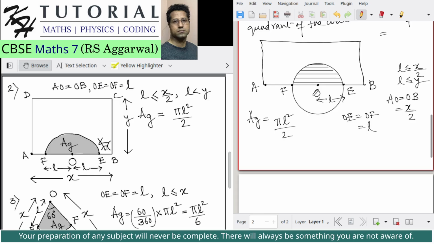Now, the animal could have also been tied at the midpoint of the other side, that is side DC. Now the same scenario can be, the animal can also be tied at the midpoint of the sides AD or BC.